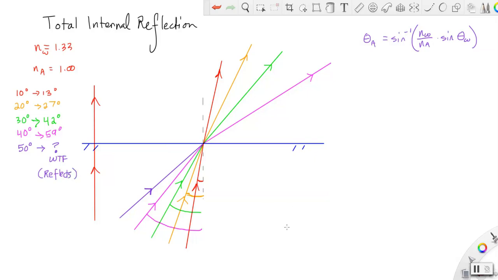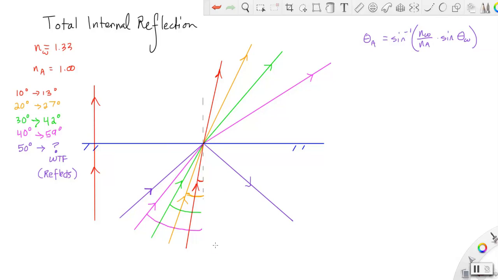When it does, it follows the rule of total internal reflection. If we are 40 degrees with respect to the horizontal here, we are also going to be 40 degrees with respect to the horizontal here, or 50 degrees with respect to the normal will be 50 degrees with respect to the normal here, and this is what will happen to your ray.